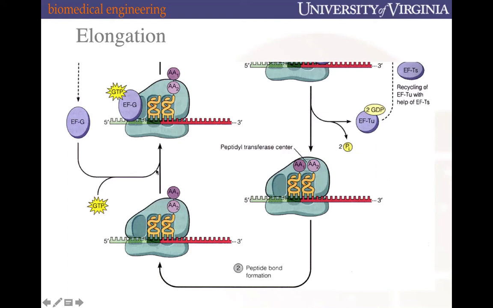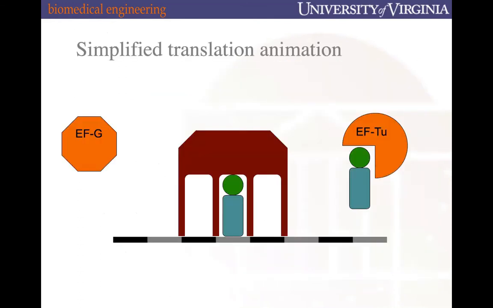Now, with the combination of a GTP and EFG, this elongation factor, it's going to bind to the large subunit and the small subunit. Kind of like a wagon wheel, or almost like a gear, it's going to shift everything along the mRNA by one codon. What that's going to do is shift everything from the A site and P site now to the P site and E site.